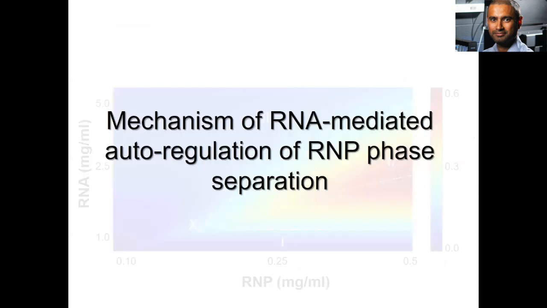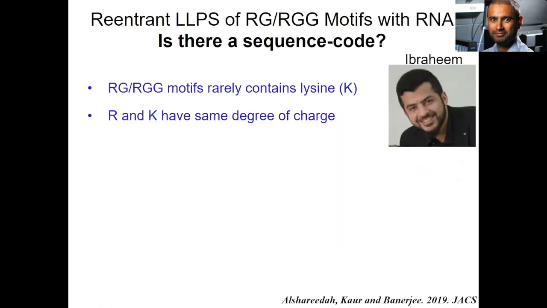To understand the mechanism here, we first thought about what are the interactions that you can see between this arginine-rich domain and the RNA. So Ibrahim, a graduate student in the lab, started asking this question in a slightly different way. He was asking if there is a sequence code that might be at play here.